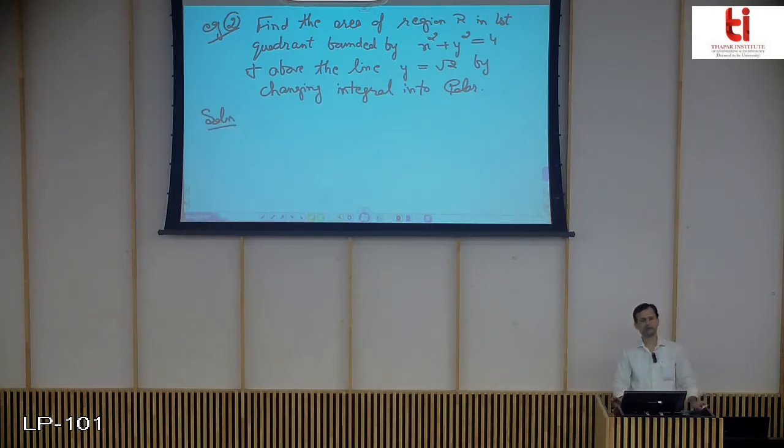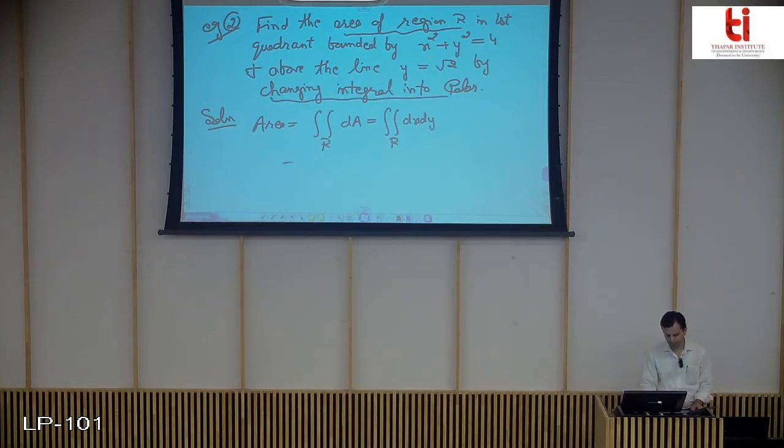Now you have to find the area of the given region. Area is equal to double integral dA, or double integral dx dy, and we have to do it by changing it into polar.